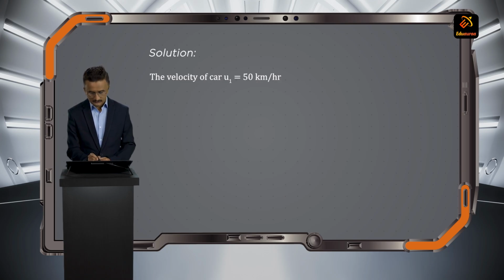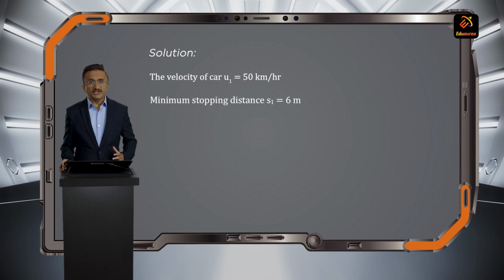Okay. So it is given the velocity of the car V1 is equal to 50 km per hour. And what is the stopping distance, the minimum stopping distance? S1 is equal to 6 meter. Okay. So now the velocity it is going to change.